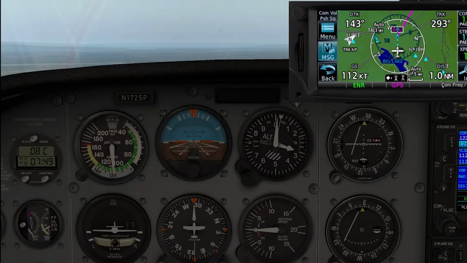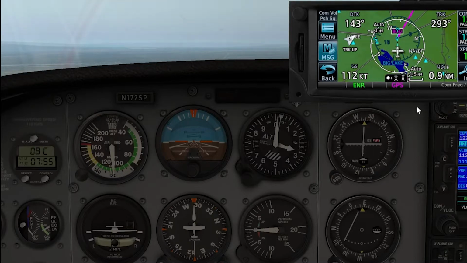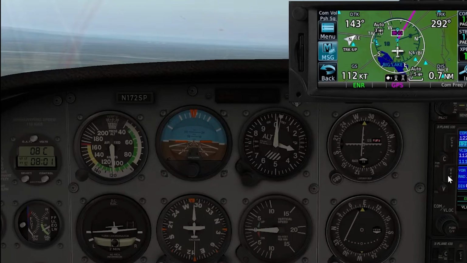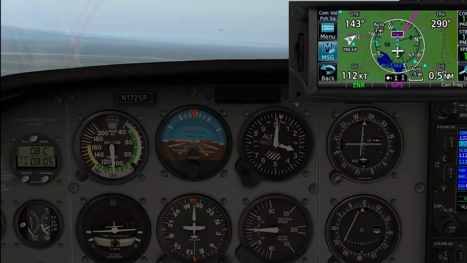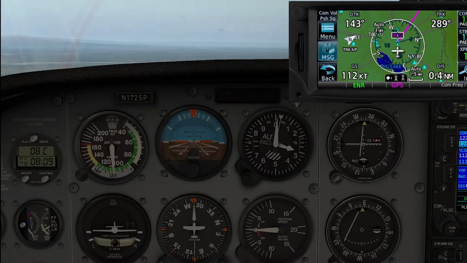So as we get closer to Big Lake VOR, we're going to fly a heading of 240 towards the VOR. 285. All right, we're getting close, half a mile. Once we cross it, we're going to fly that 240 heading, parallel entry.